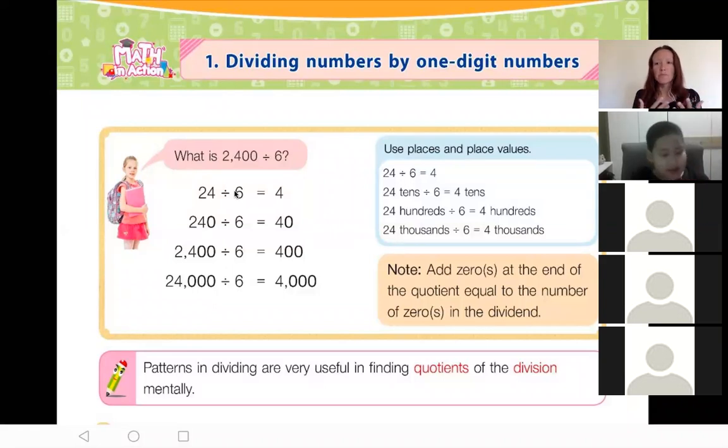Multiplication is repeated addition, so we can add 24 six times: 24 plus 24 plus 24 plus 24.